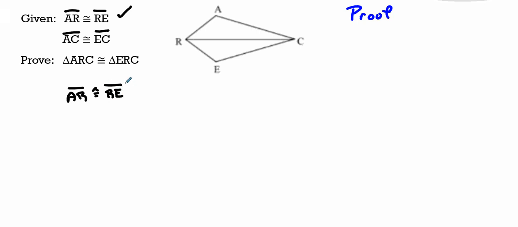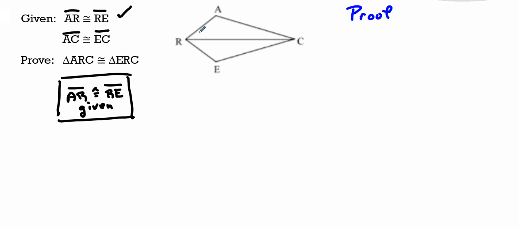Now, how did we know this? Well, we didn't do anything, we simply read it. We were told that side AR is congruent to side RE. So that's given information. The reason is going to go right below it. So what we have now is one box. Each box contains a statement and a reason.